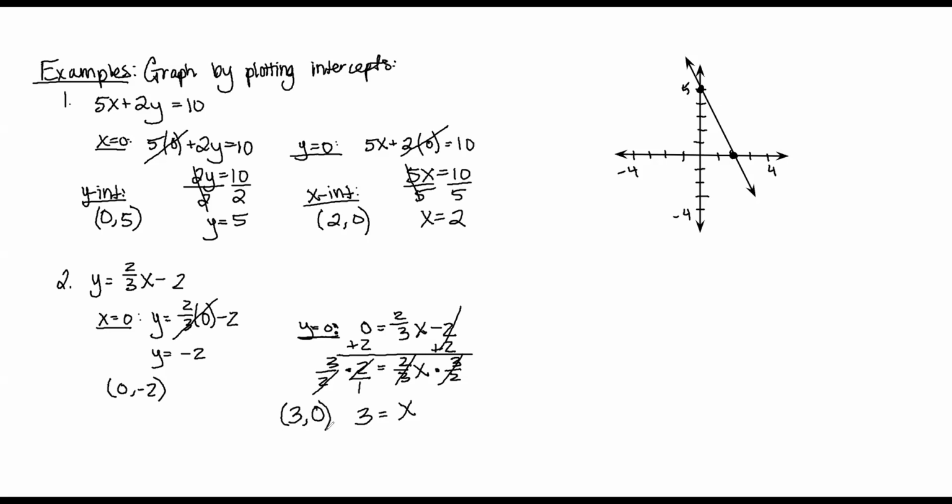And we can go ahead and graph this one. Our largest number is 3 in the x direction, 2 in the y. So we'll go out to 3 on each side.